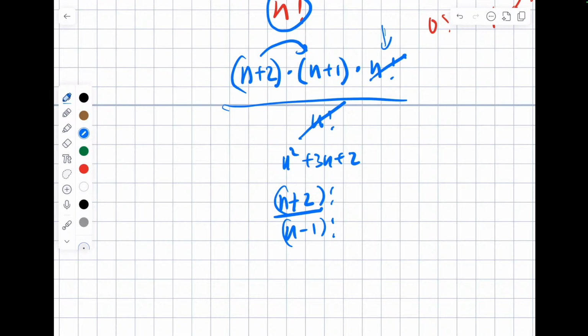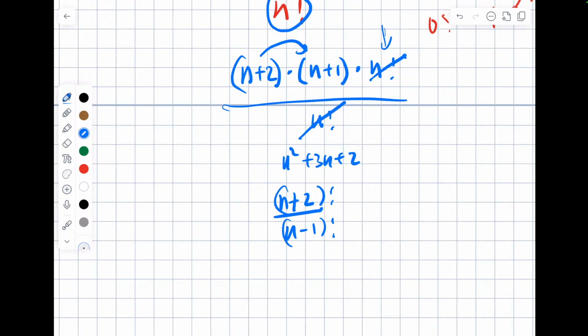Wait, what is that? What is the n squared? N minus 1, no. N minus 2. Wait, what if the n squared plus 3n plus 2 is multiplied by n plus 1 times n plus 1?